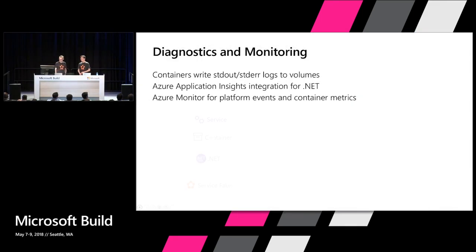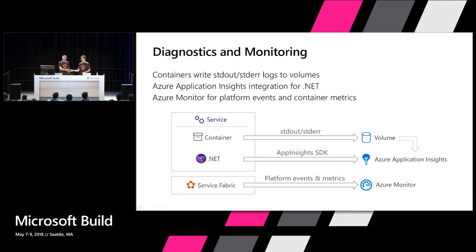Okay. So that's volumes. How about diagnostics? Well, with diagnostics, we've done a huge amount. In fact, in the 6.2 release that we've just pushed out, we did a huge amount of diagnostics for containers, both in terms of getting the logs out of containers, and you'll see that now gets displayed inside Service Fabric Explorer.